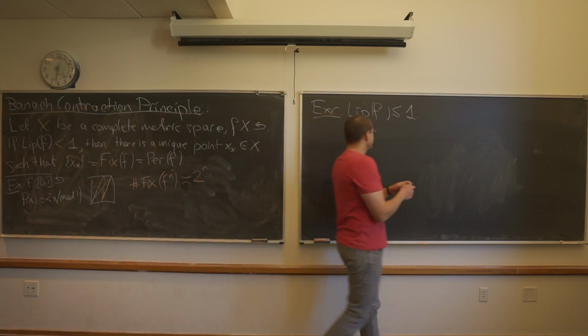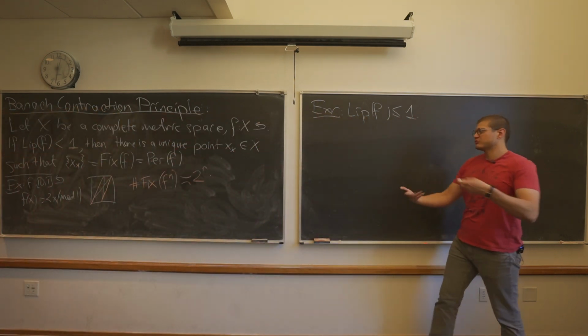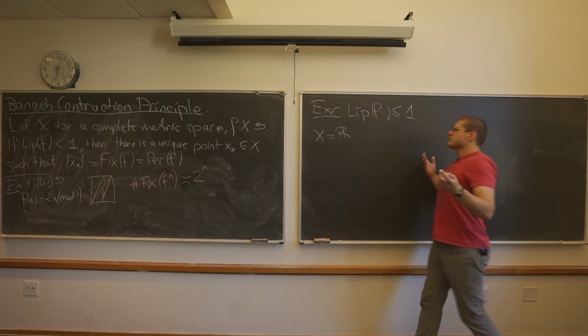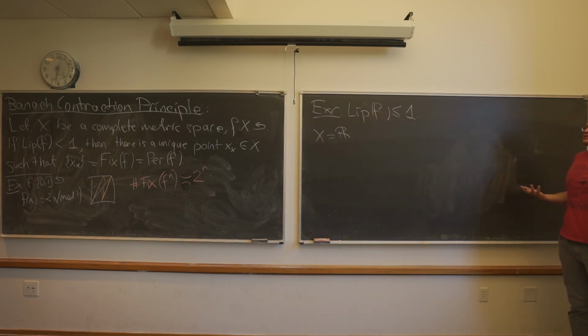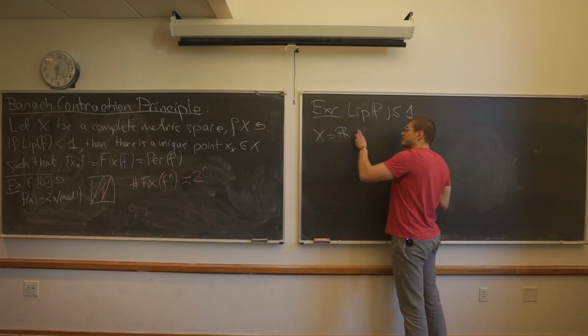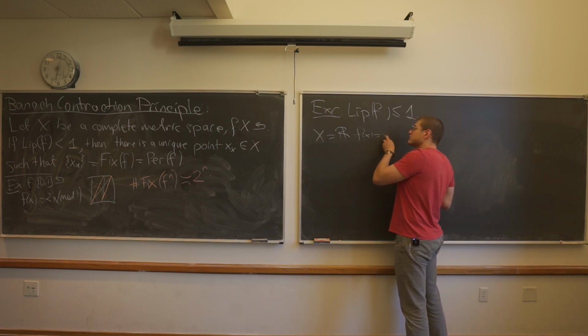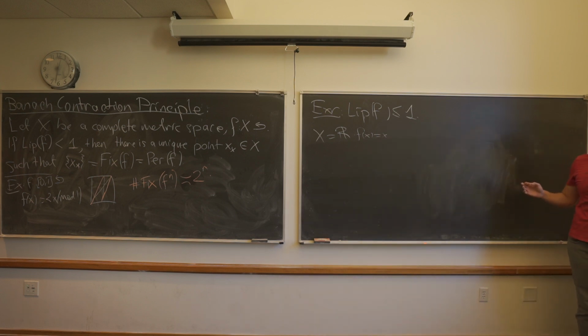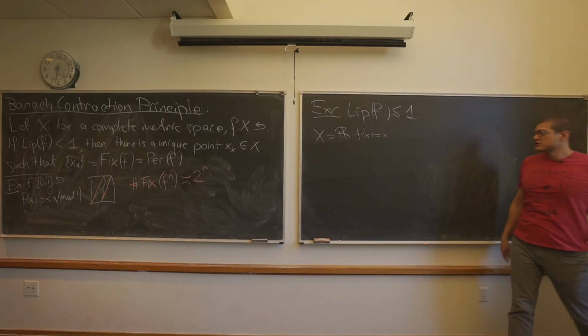so for instance, I can take the reals, right? I'm imagining this as my playground. Well, if I were to take the identity transformation, clearly it's an isometry. In particular, the Lipschitz constant satisfies this. Any point is a fixed point, okay?